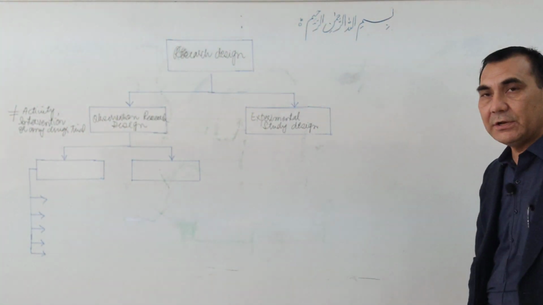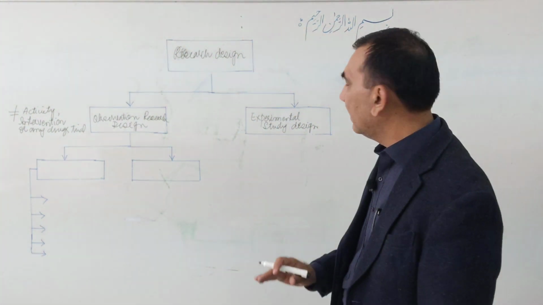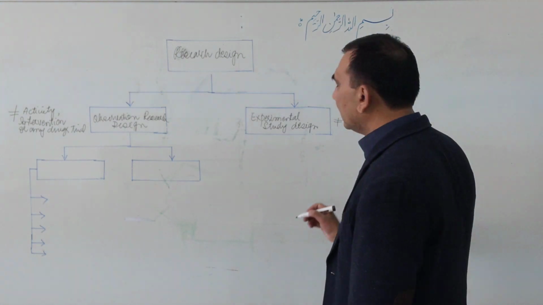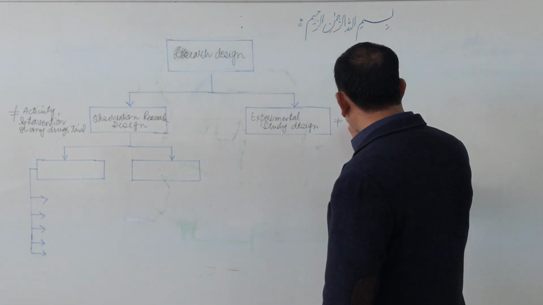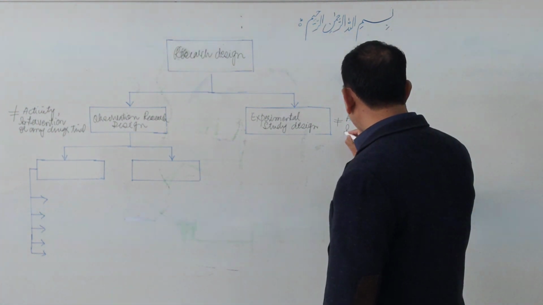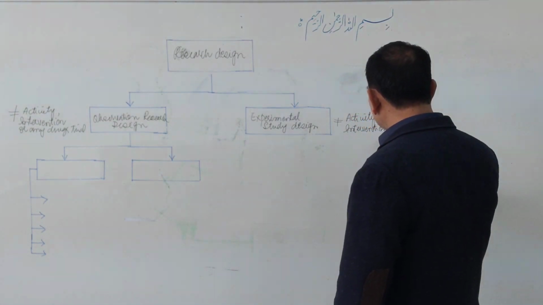The second type of research design is called the experimental study design. In this design, the researcher conducts the study through some activity.